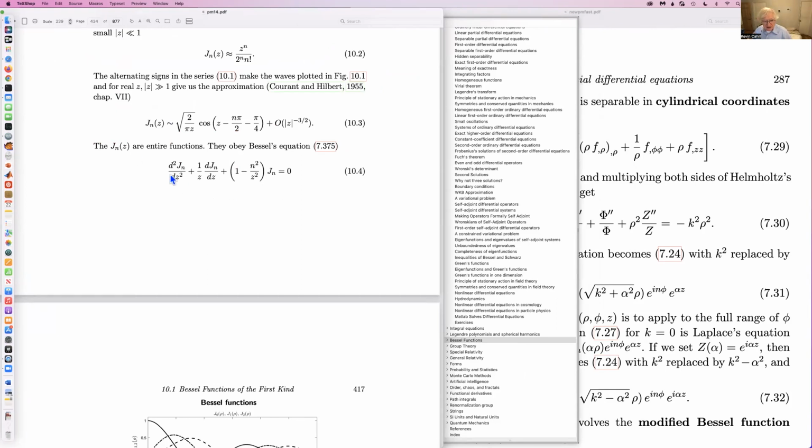So that's J_n double prime plus 1 over Z, J_n prime plus 1 minus n squared over Z squared, J_n equals 0. And if we multiply through by Z squared, we see it's Z squared J_n double prime plus Z J_n prime plus Z squared minus n squared J_n equals 0.